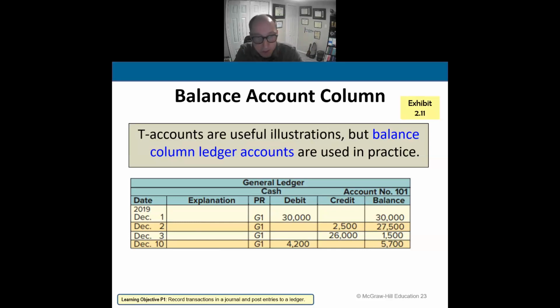On the general ledger for cash, we can see what's happening with our cash account. December 1st, $30,000 went into the company as a form of investment from the owner. So debit, $30,000. December 2nd, we paid some cash to purchase inventory, $2,500. December 3rd, we did something else, $26,000. December 10th, we got some money coming in, probably from accounts receivable, $4,200.